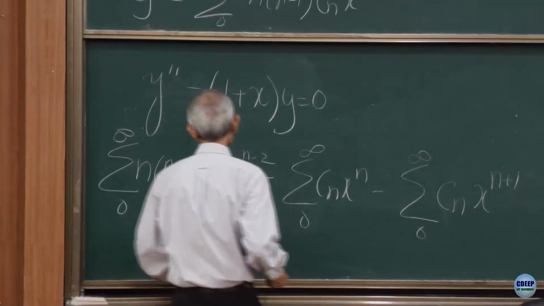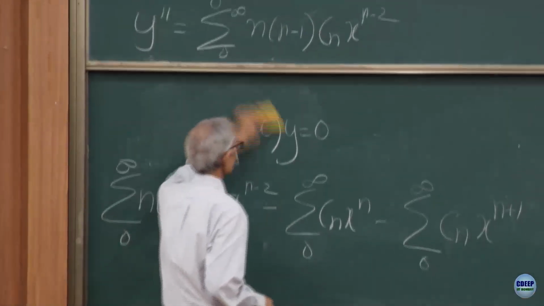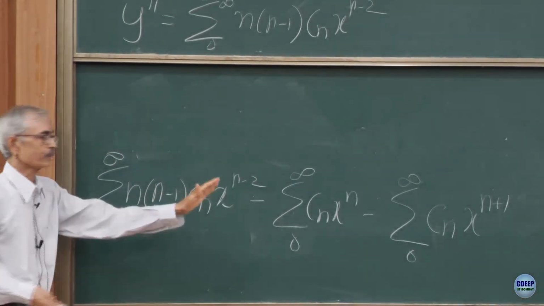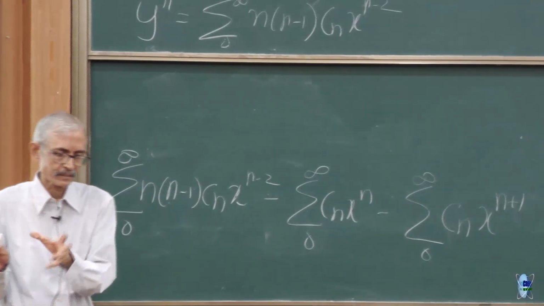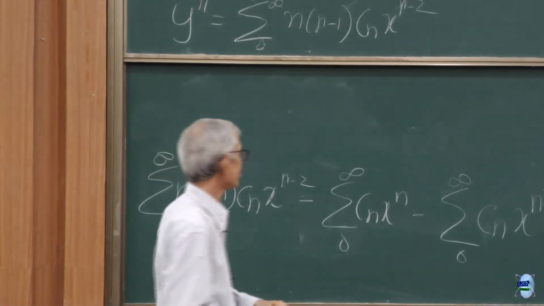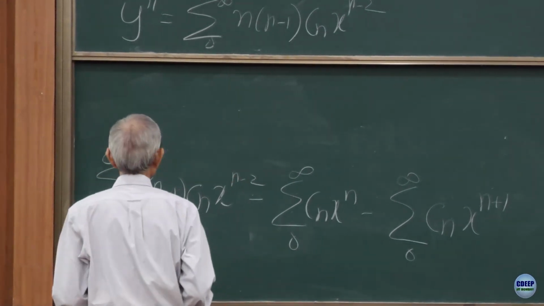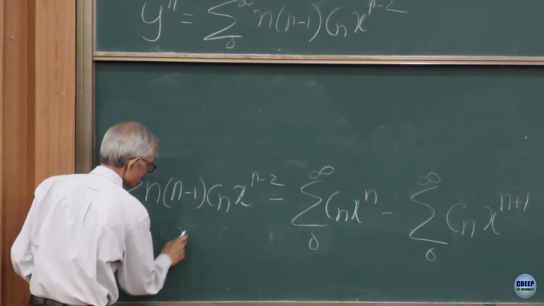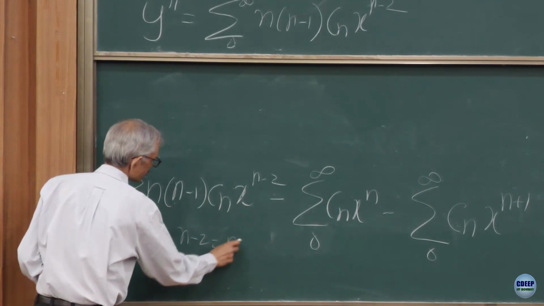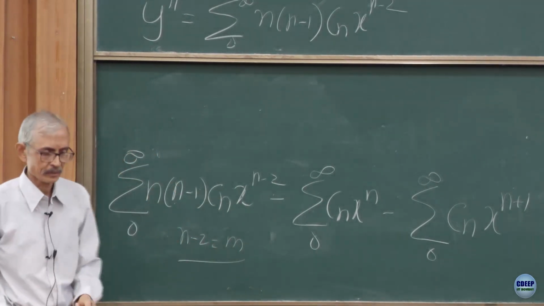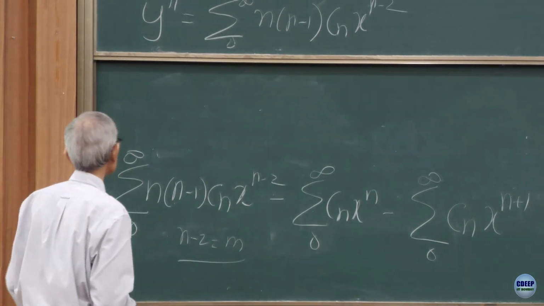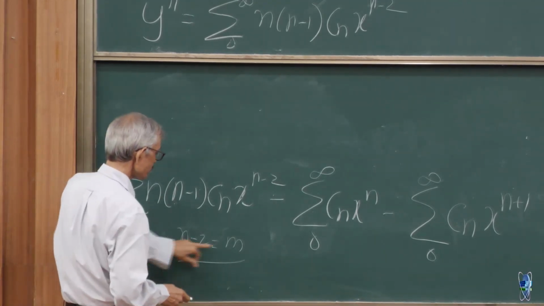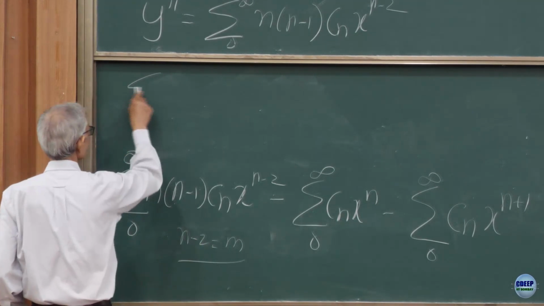Okay. And now we would like to simplify this, or add these guys up so that we get some kind of a compact solution, maybe. And to that extent, we had said that we are going to make n minus 2 equal to m. We just replace the variable, which we can do. In which case, when n equal to 0, m becomes equal to minus 2.